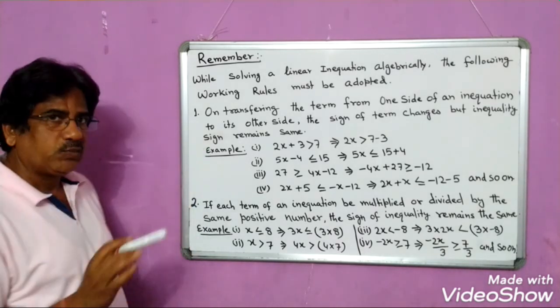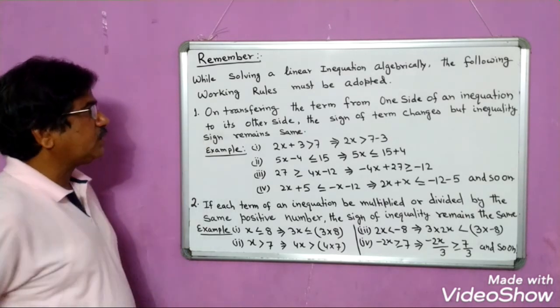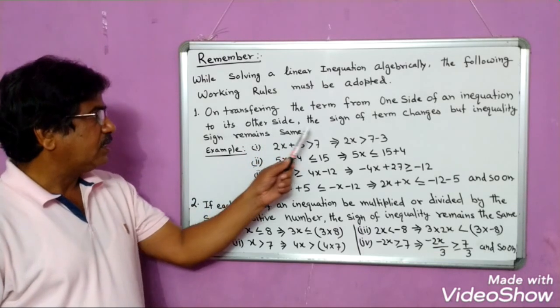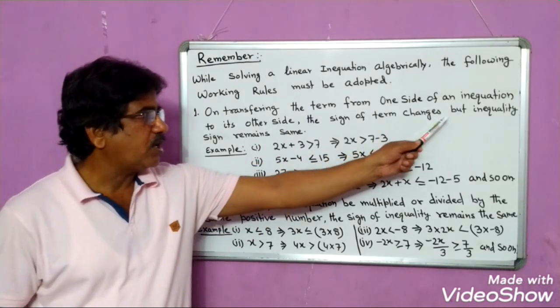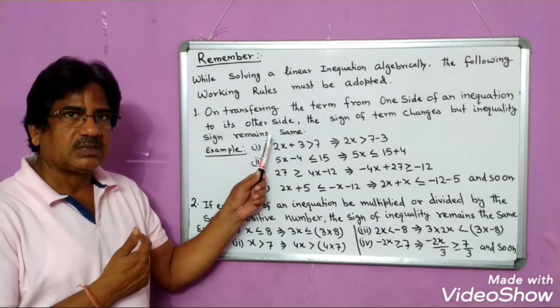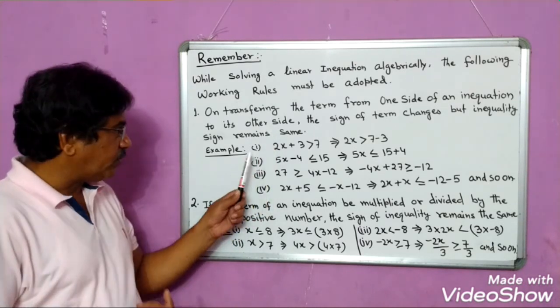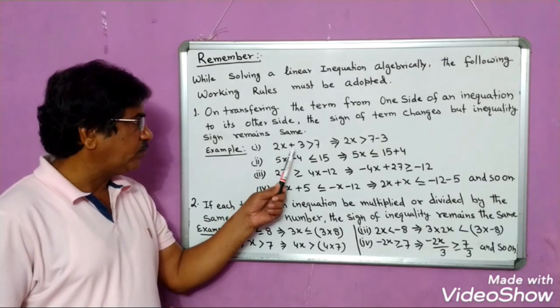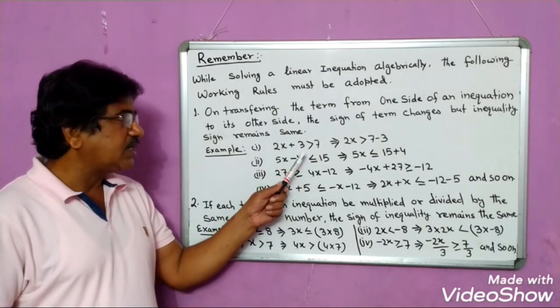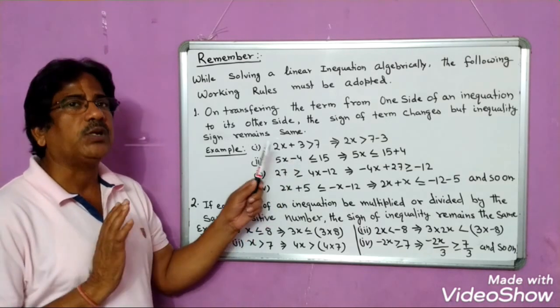Number one, as I told you, on transferring a term from one side of an inequation to its other side, the sign of the term changes, but the inequality sign remains the same. In the last two examples, I have shown you that whenever we transfer any term from one side to the other side, the inequality sign will always remain the same, it will not change.